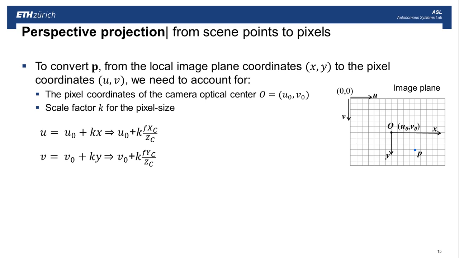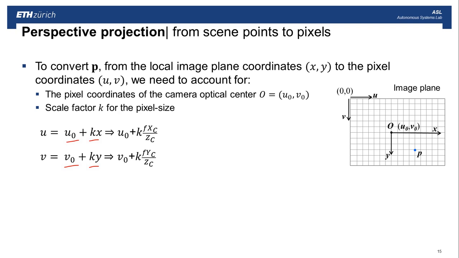As observed from these equations, this can be easily done by first rescaling the camera coordinates by k and then adding the optical center coordinates u0 and v0. These equations fully describe the projection of a scene point onto the image plane and are called equations of perspective projection.